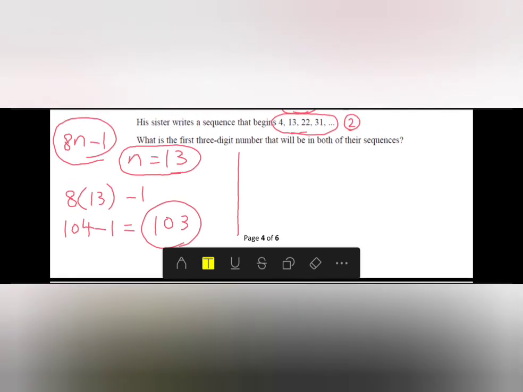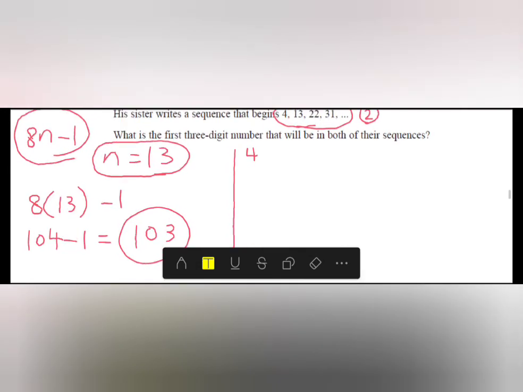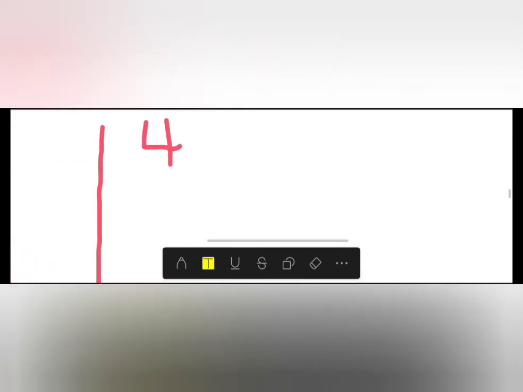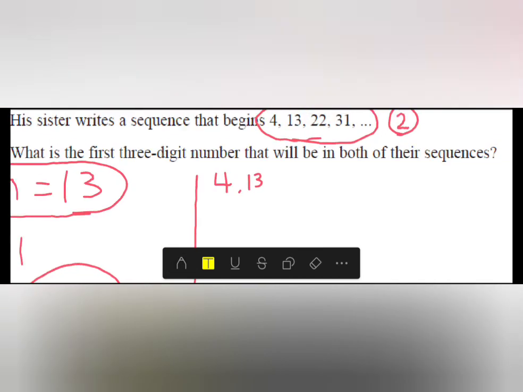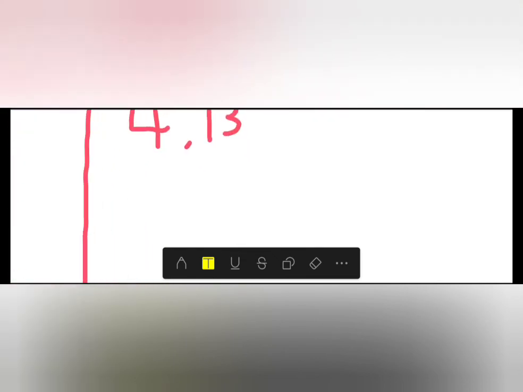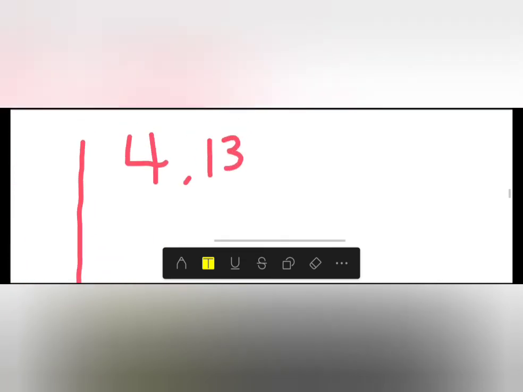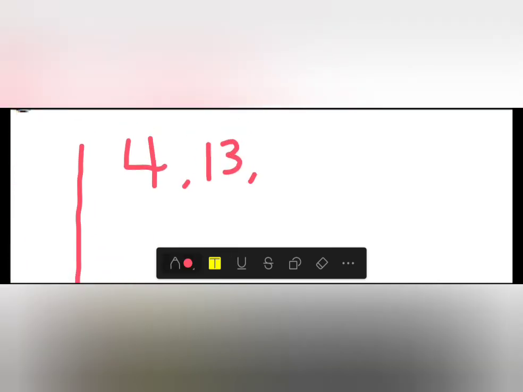So to find the nth term here, I'm going to do it like this. First, I'm going to write the sequence. So 4, let's zoom. Yes, let's zoom here. So 4, 13, and after that we have 22 and 31.